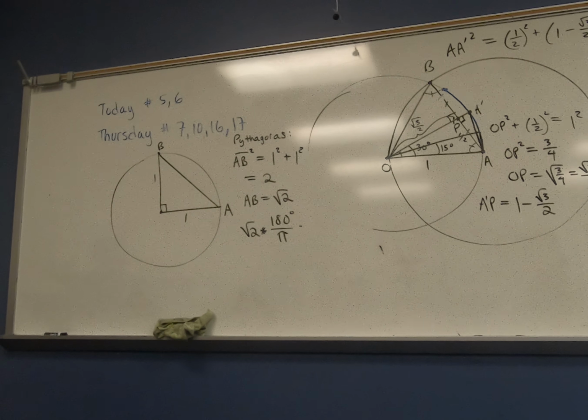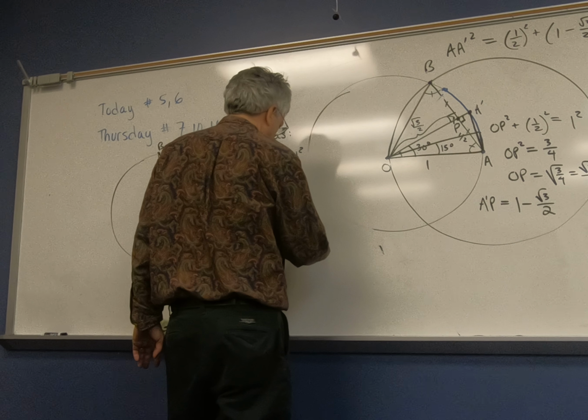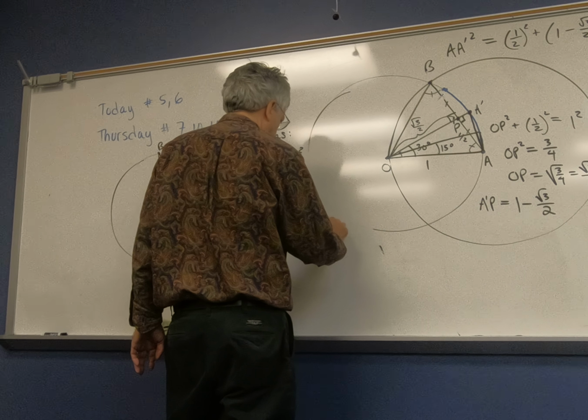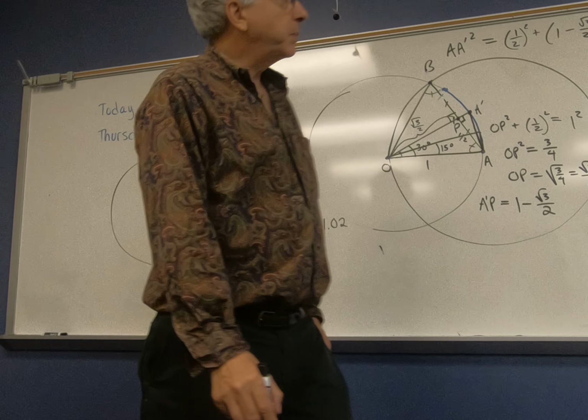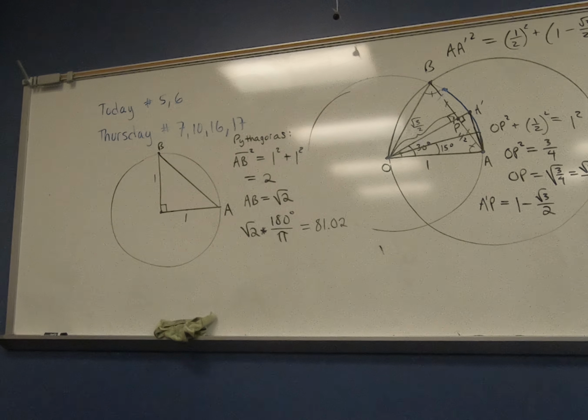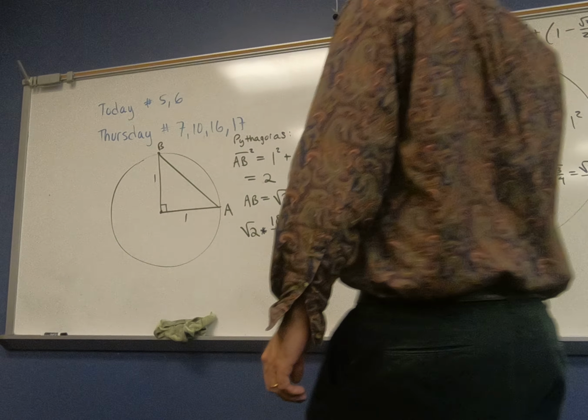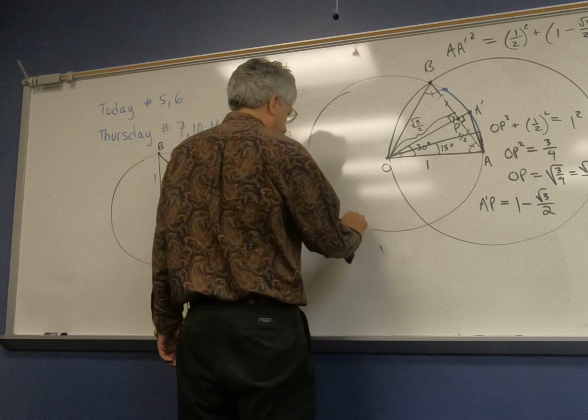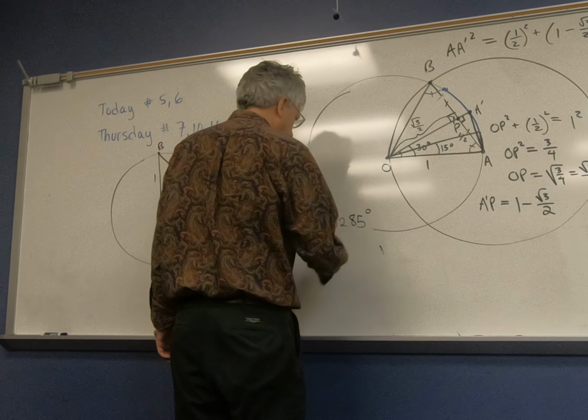Okay, so I got square root of 2 times 180 divided by pi, and that's 81.2. Should I take a couple more digits? 81.2845, or 285 if I round. And that's a degree measure, right?